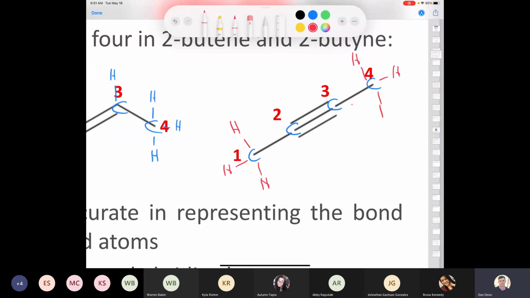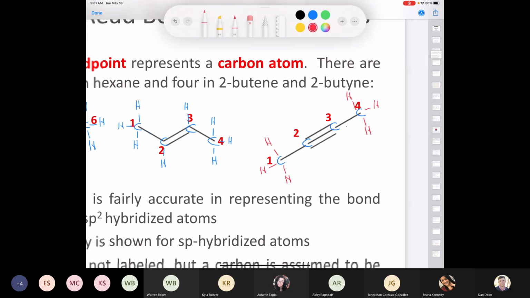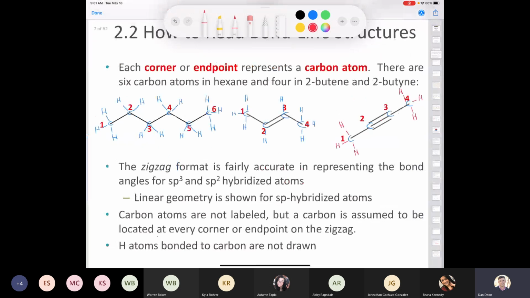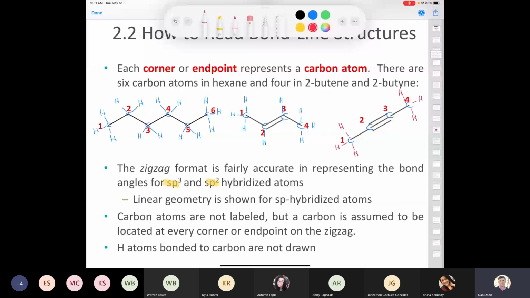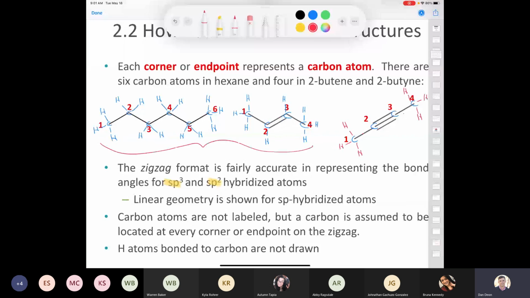Now, before we can move on, I want to discuss the bond angles here with these different carbons. When you have an sp3 or an sp2 hybridized carbon, you always draw them in a zigzag format. So if you look at the first 2 molecules, all the carbons are either sp3 or sp2. So we draw everything as a zigzag, right?